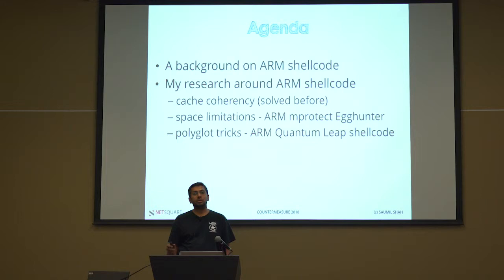But then most of the talk is going to be focused on polyglot tricks with ARM shellcode. I also like polyglot techniques very much. And polyglot techniques is where the same data carries 2 completely different meanings when viewed in completely different contexts.